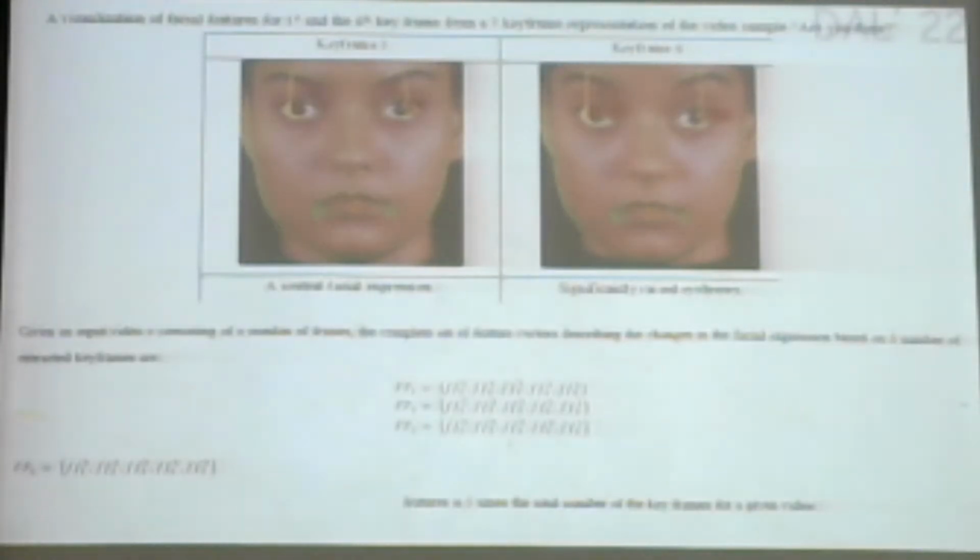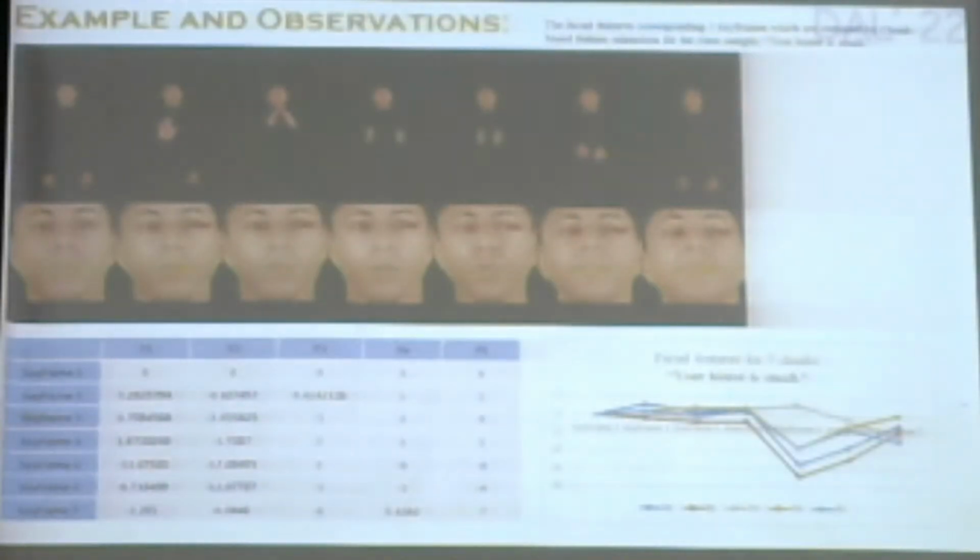We then do some further processing to extract features that represent specific movement of the eyes, eyebrows or lips, so that we can have a better understanding of the movement. And here is a 7 keyframe representation of the sign.